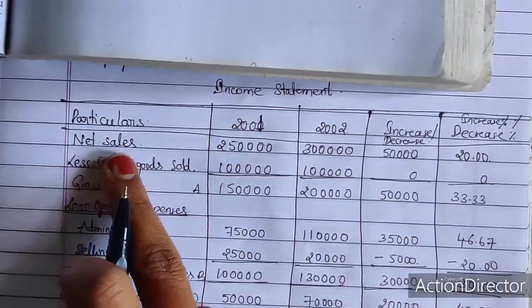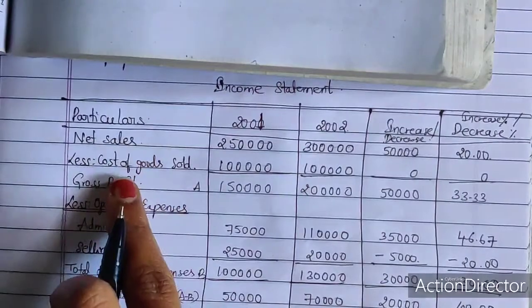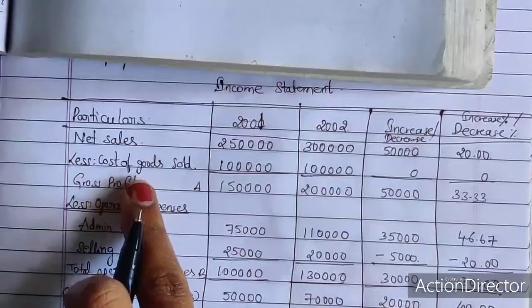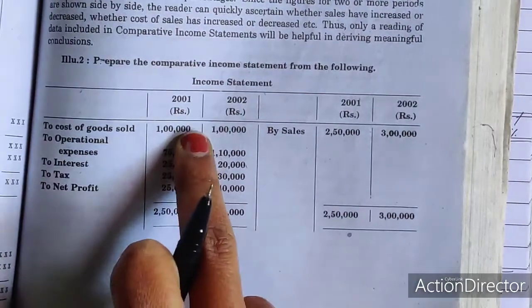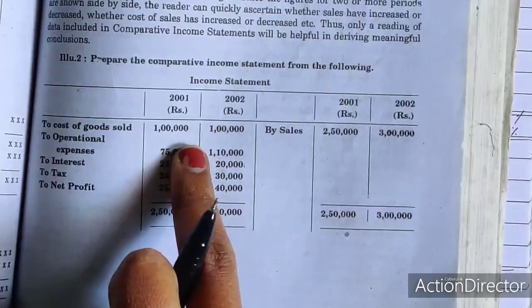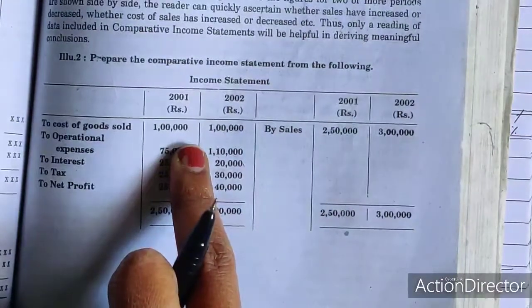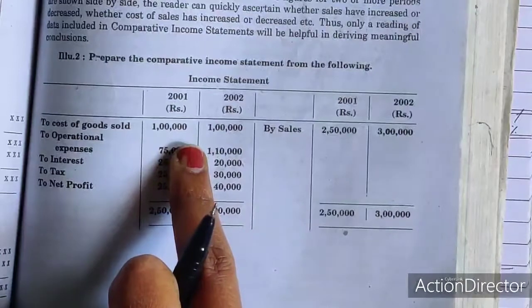So in the income statement we have to less the cost of goods sold from the net sales. Here in the problem they have already mentioned the cost of goods sold information directly, and we need not add purchases, opening stock of raw materials, direct expenses, and we need not less the closing stock of raw materials.